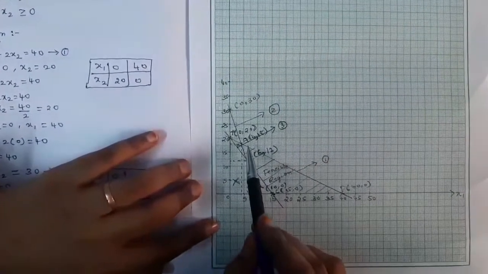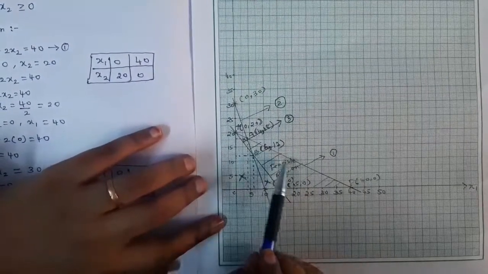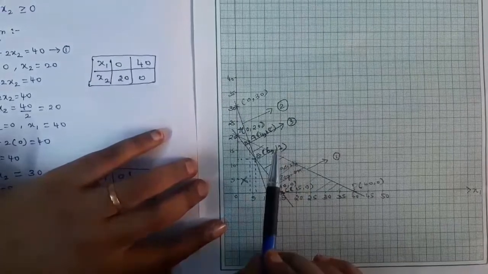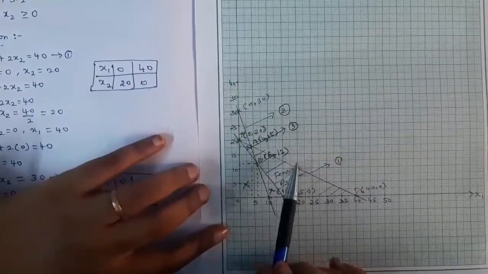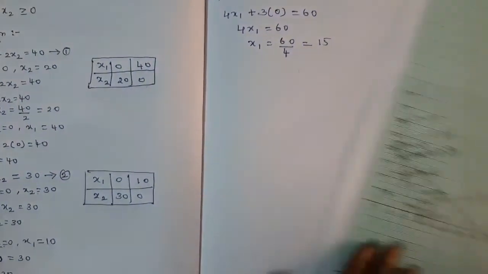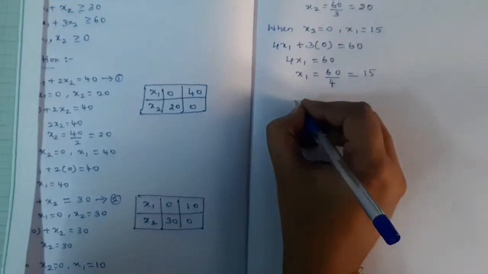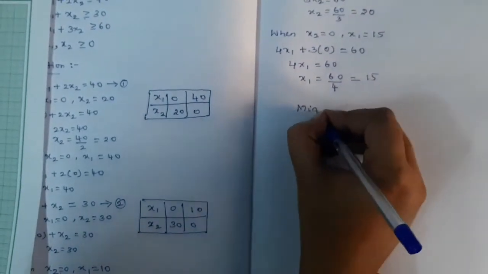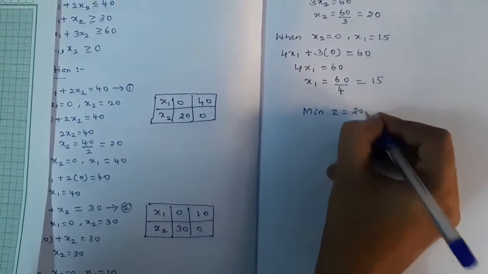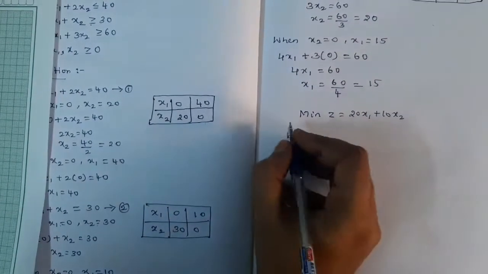So now we have found all the corner point values A, B, C, D, and this is our feasible region. Now let us substitute all these corner point values in our given objective function. So take down the objective function. Our objective function is min z = 20x1 + 10x2.